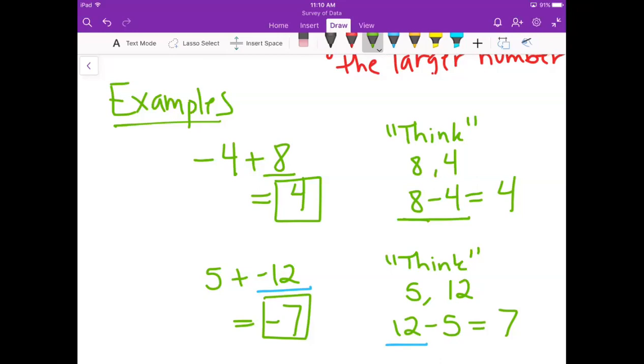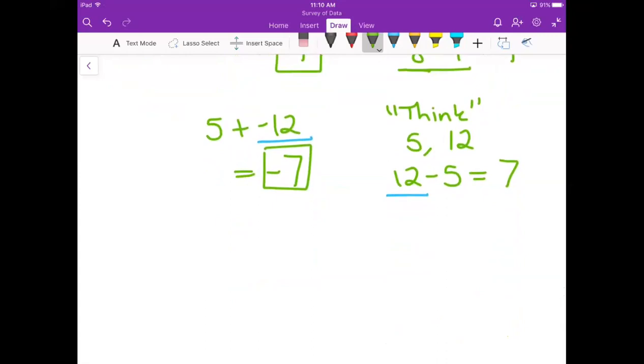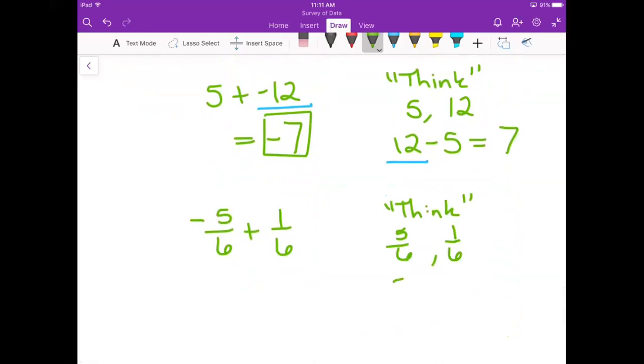Okay, same thing applies for fractions. What if we need to take negative 5/6 plus 1/6? I think in terms of the absolute values. That is 5/6 and 1/6. The bigger number here is 5/6. So I need to take 5/6 minus 1/6 to get 4/6.